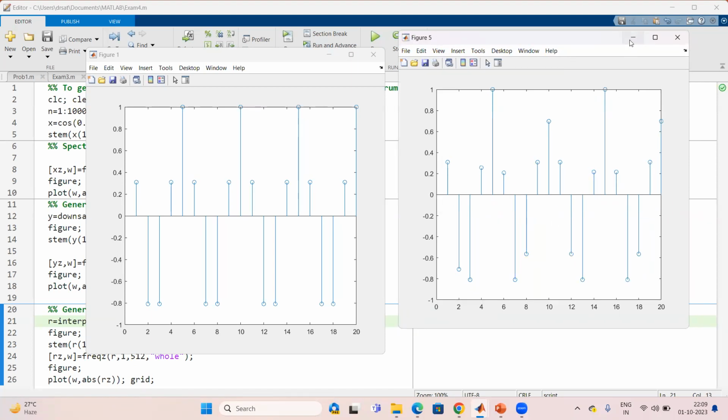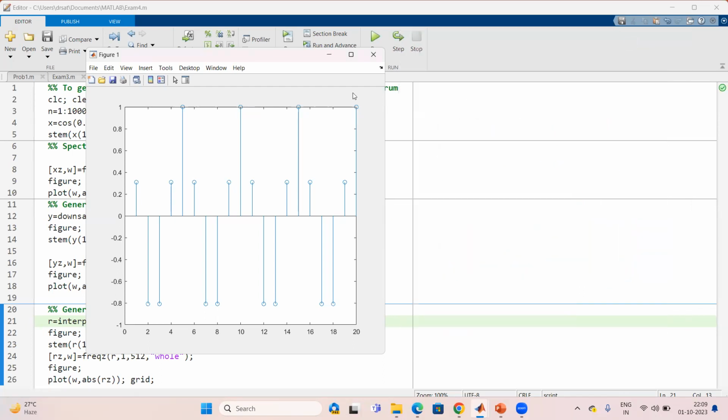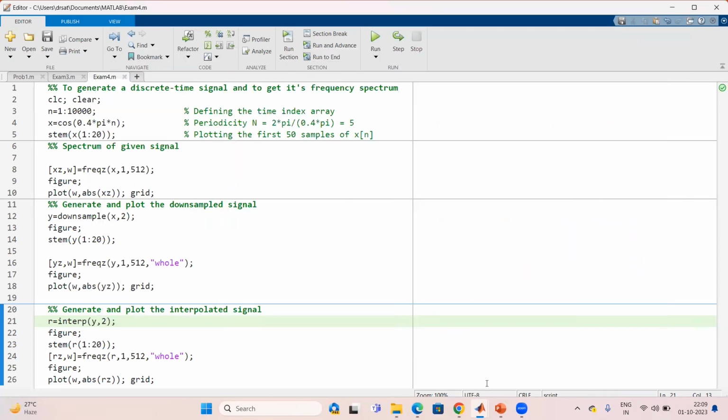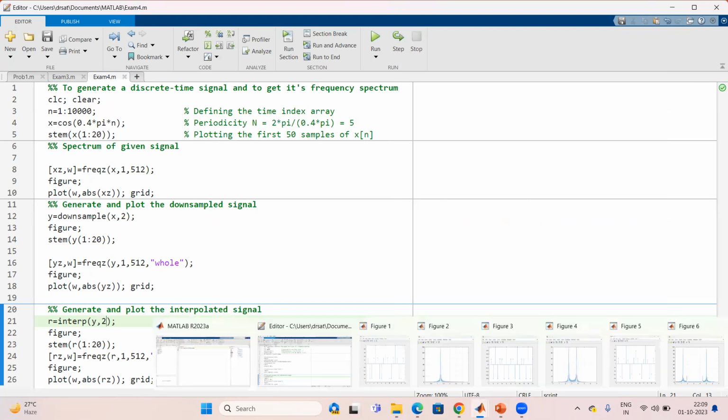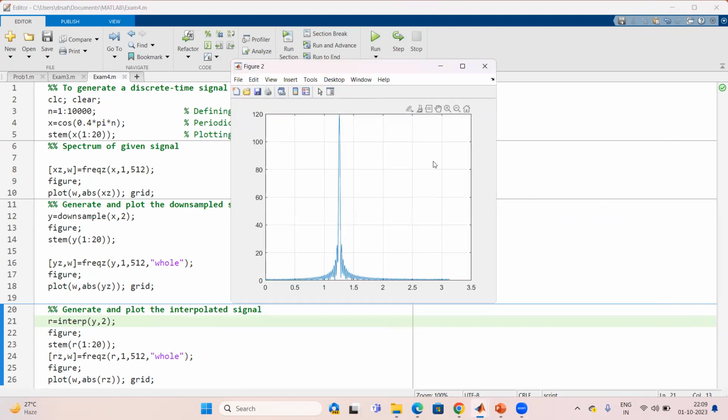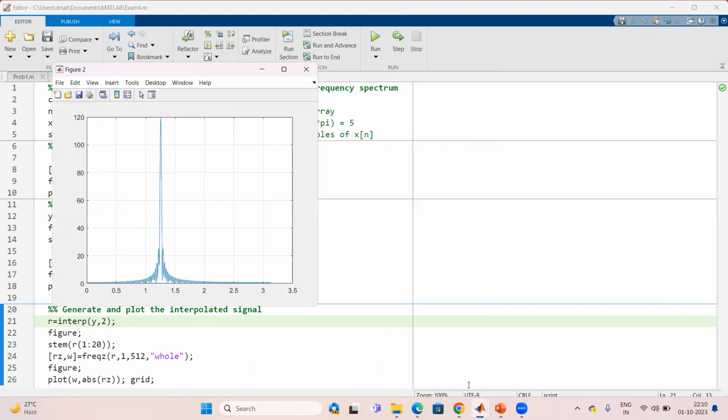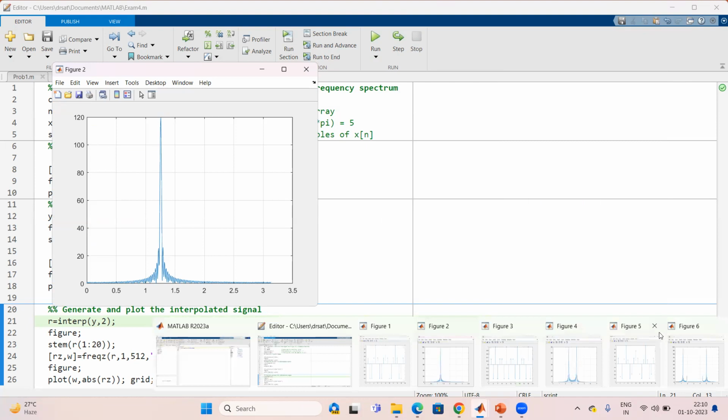Now you can see what happens due to interpolation if you look at this spectrum. Our original spectrum of the signal was this, the original spectrum of the original sequence.